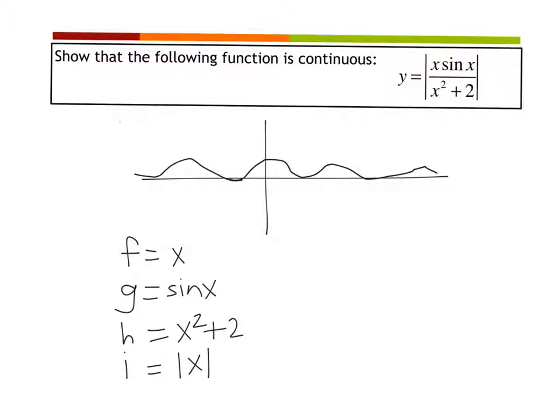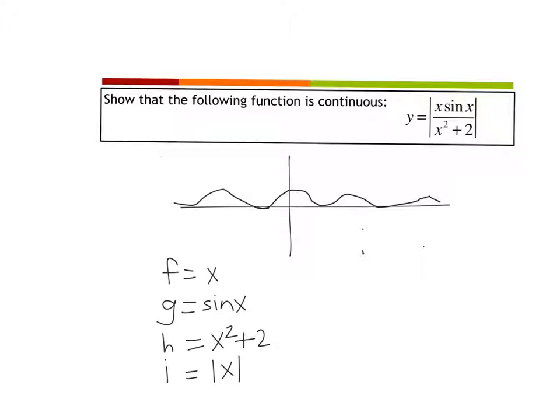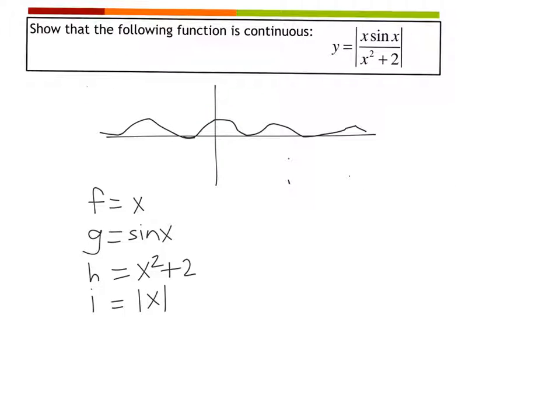So if I'm looking at y, it's just a combination of these functions. So let's just do what's inside the absolute value signs first. If I'm talking about x sine x over x squared plus 2, on top, what two functions are those?